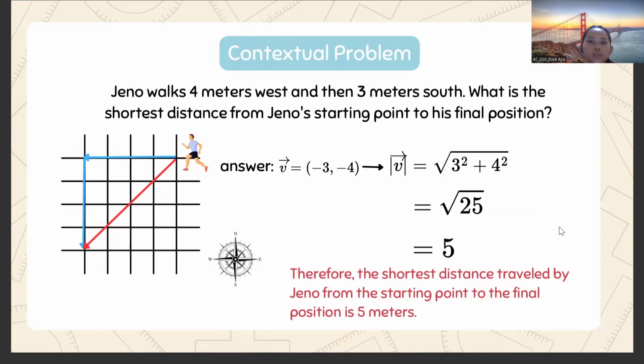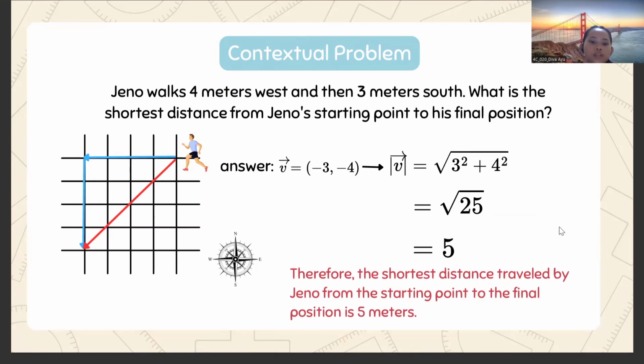Next is a contextual problem. Now let's look at a real-life example. Gino walks 4 meters west and then 3 meters south. What is the shortest distance from Gino's starting point to his final position?